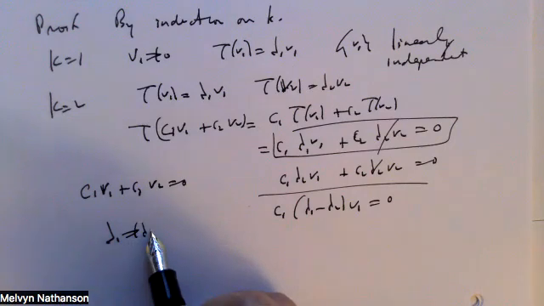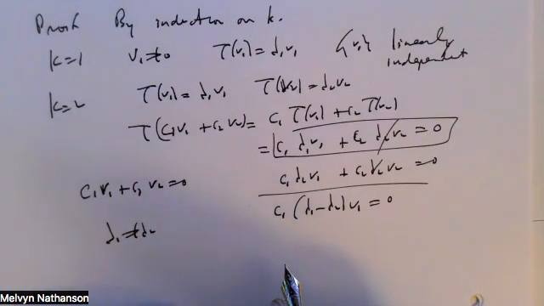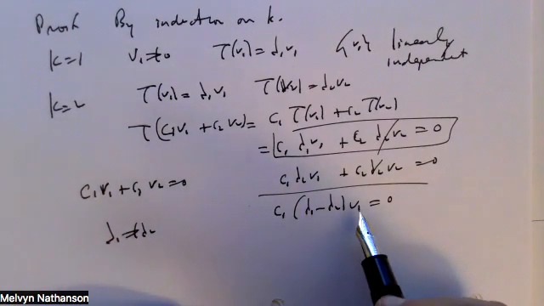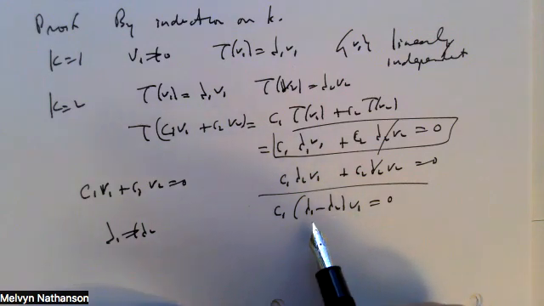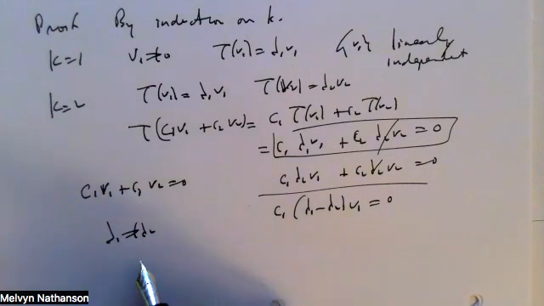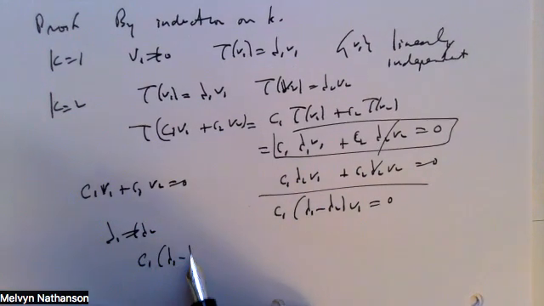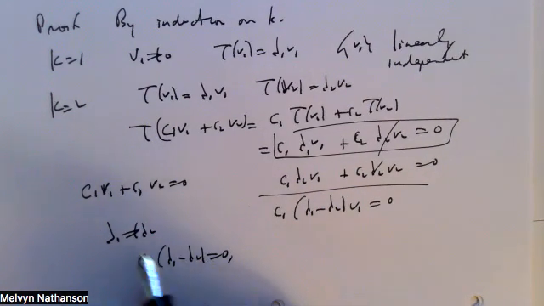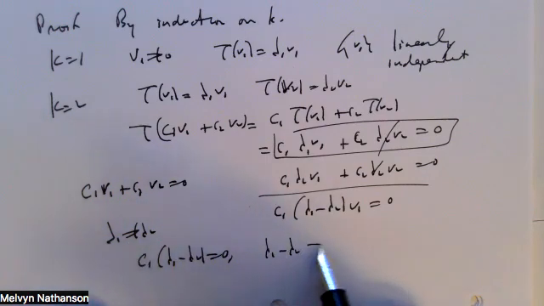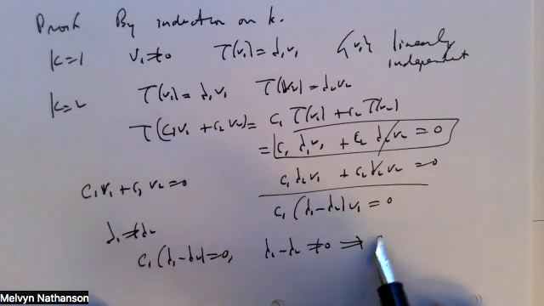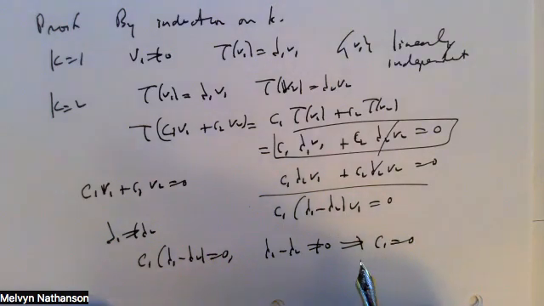The lambda 1 is different from lambda 2. So the only time a scalar multiple of a vector is 0 is if the scalar is 0. So we have c1 times lambda 1 minus lambda 2 equals 0. But lambda 1 minus lambda 2 is different from 0. So that means c1 is 0.